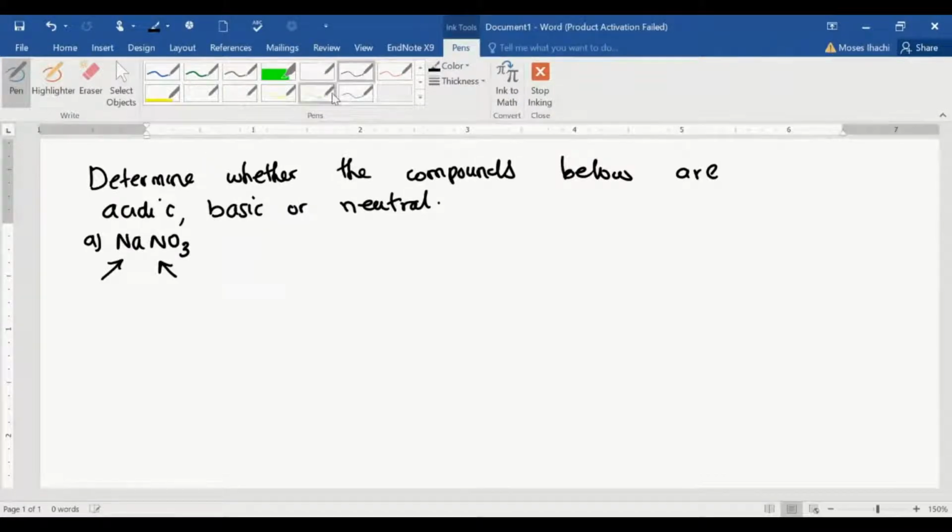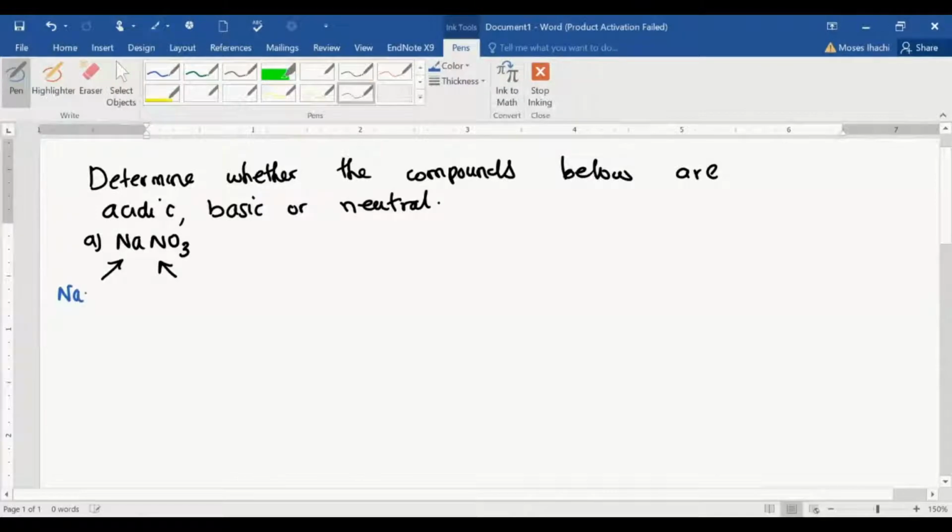In this case, sodium is usually found in sodium hydroxide. Nitrate can be found in nitric acid. I'm doing a base and an acid because base plus acid will give me salt, which happens to be that.